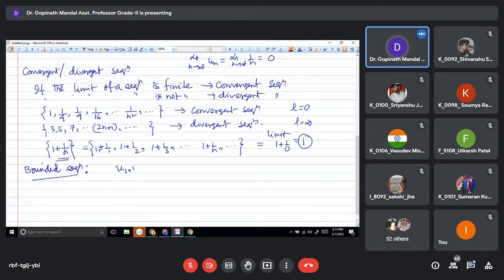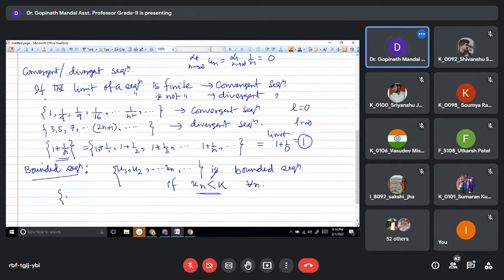If a sequence, suppose u1, u2, un is bounded sequence if un less than k, k is a constant, un less than k for all n, then sequence will be bounded sequence. Un less than k, k is a positive number for all n, then the sequence will be called bounded sequence.